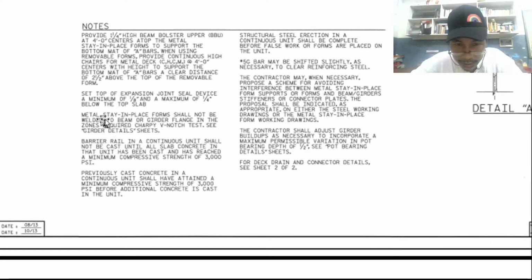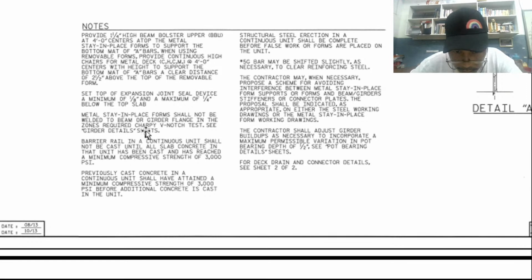Next, metal stay in place forms shall not be welded to beam or girder flange in the zones required RIPbE V-nuts test. What do you mean by RIPbE V-nuts test?